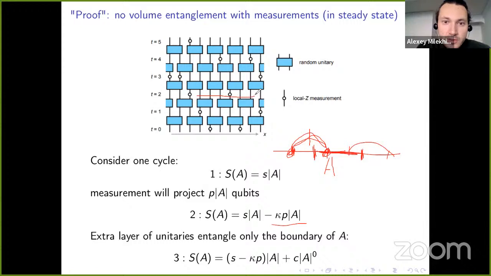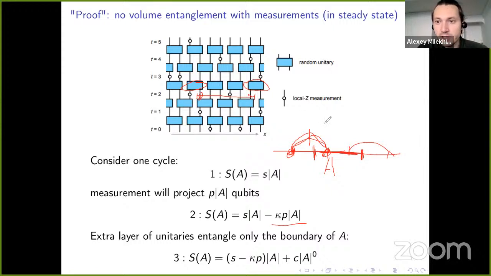Let's call this A, this one is representative. I projected it, but then the next layer of unitaries will only entangle the boundary qubits with the outside. So only these two unitaries actually will matter for entanglement.